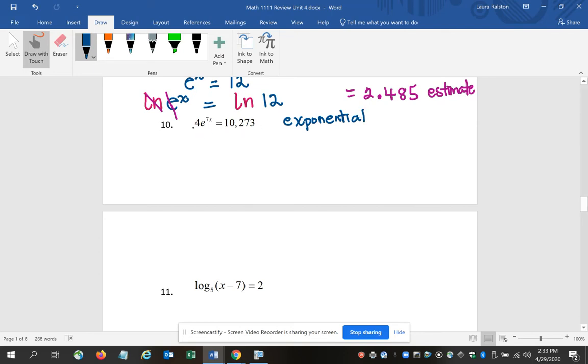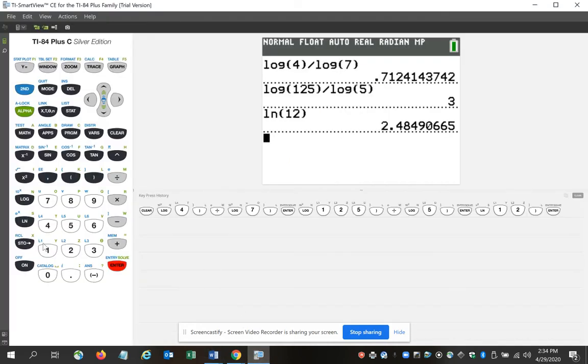So I need to get the exponential portion isolated by dividing both sides by 4. So I have e to the 7x equals 10,273 divided by 4. Now, I don't think that divides evenly, but let me see if I can go out and simplify that a little bit.